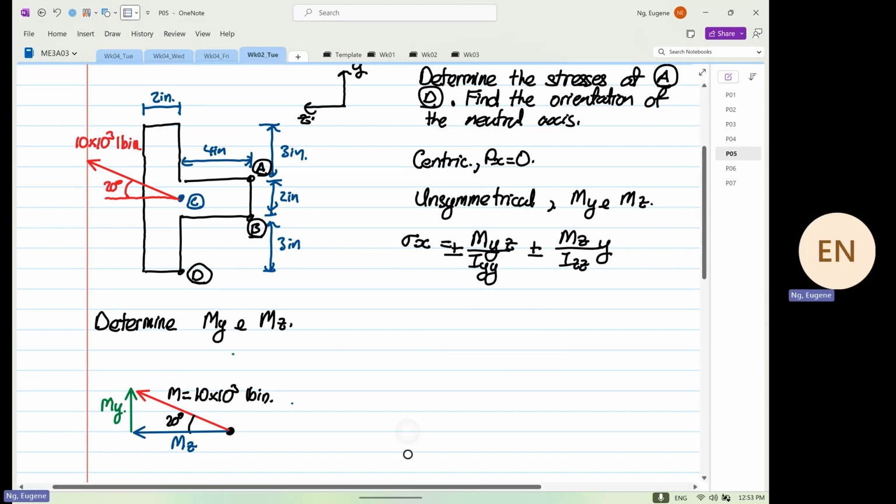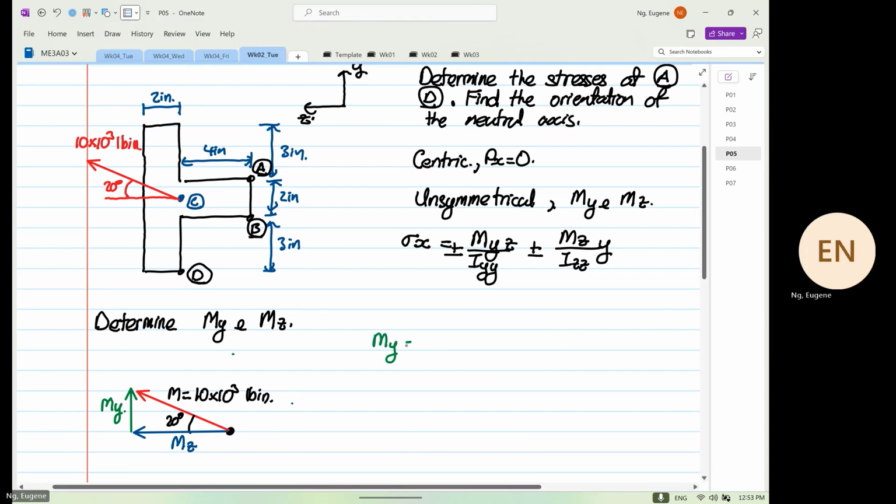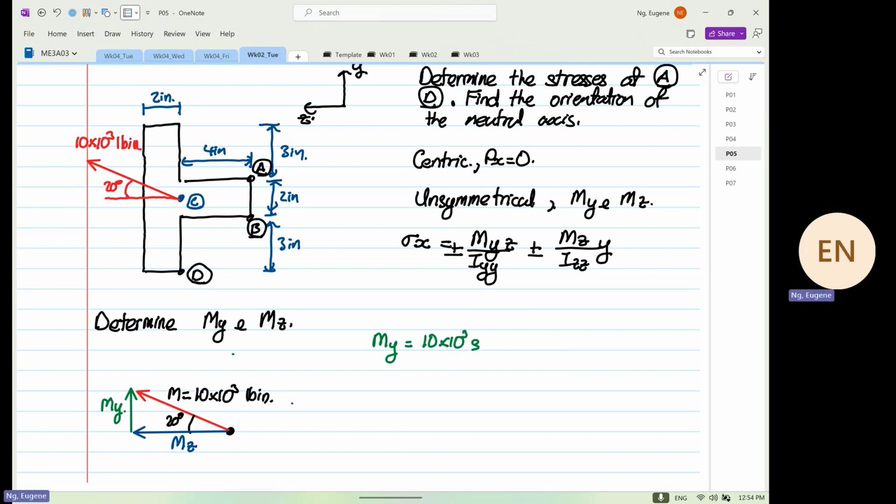Okay, so the first thing we're going to do is find our My. My is equal to 10 times 10 to the power 3 sine 20 degrees. For this case, make sure your calculator is in degrees. Tonight don't forget to change to radians, yeah?